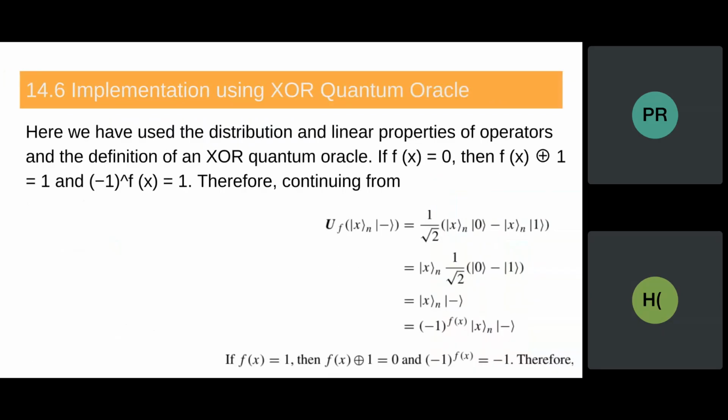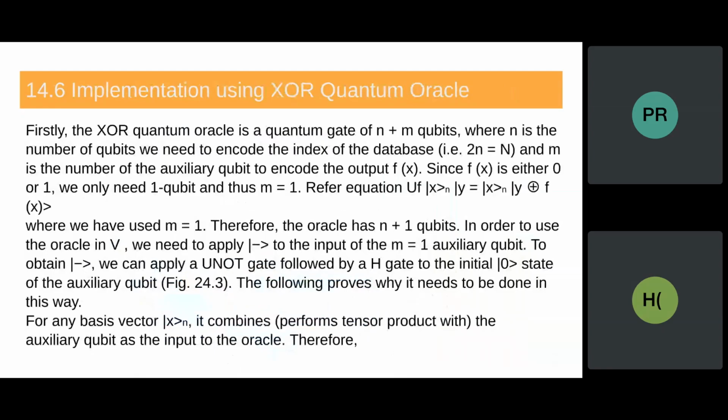So when you do XOR implementation, you have to map n plus m. Here n is 2, 2 to the power 2 is 4, so we will require an additional qubit. We can add an additional qubit, or if you are able to use an ancilla, that should be sufficient.